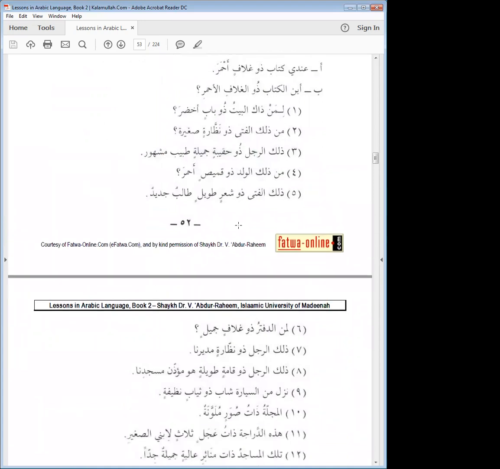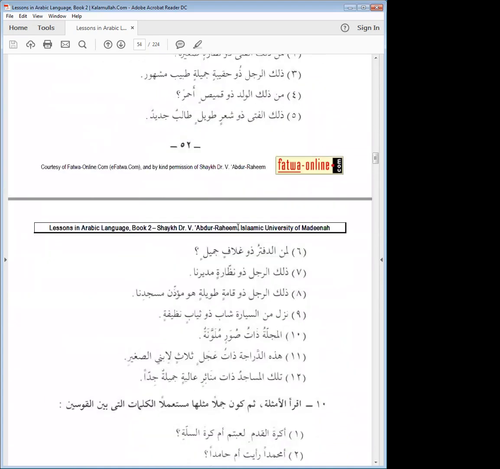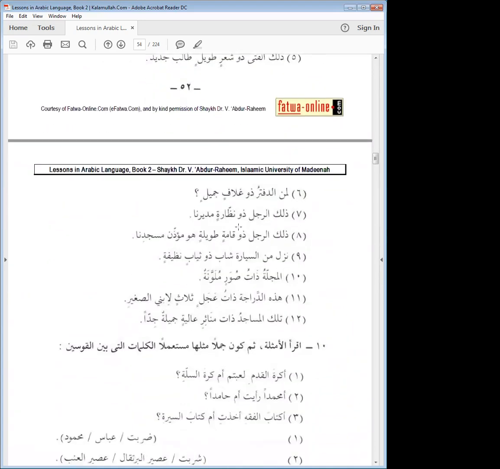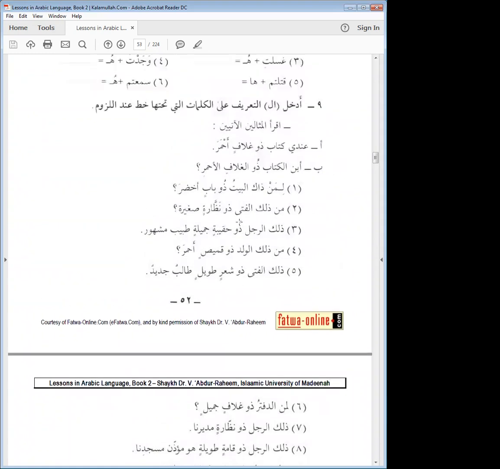Now we just skip into the last couple of examples here. Right, so we see a little change in the words used. Now, what we have been using all the time, the nouns are masculine. So for the masculine noun we use dhu.